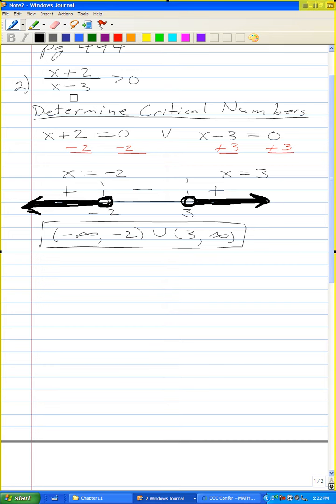Or we could see that since at x equaling 0 this rational expression was negative, and the root has a power of 1, which is an odd number, the sign will change when I cross the root. So it changes from negative to positive. Looking at it two different ways, you can see that the sign here will be positive.